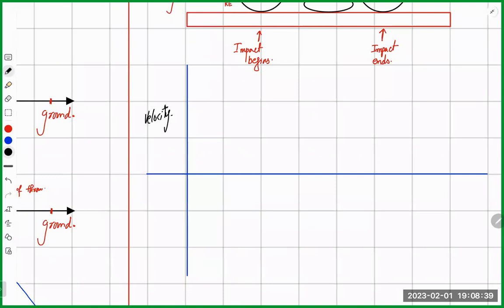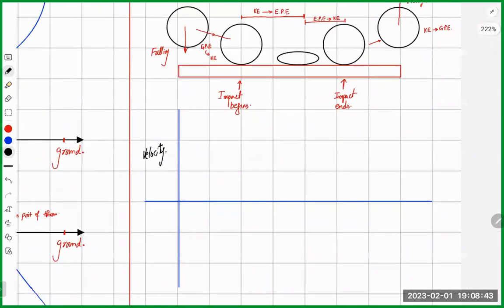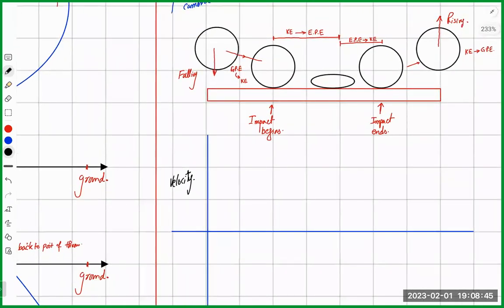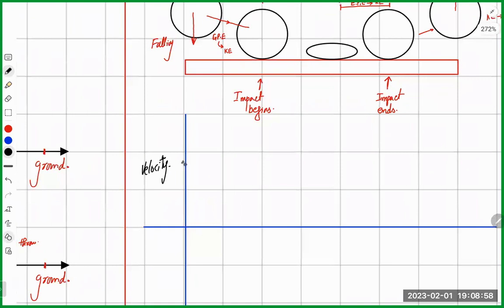And I hope you can understand that impact time is very, very small. Although a lot is happening over there, this total time is very small. So be careful, pay attention. This is the time when the object is falling under normal gravitational acceleration.